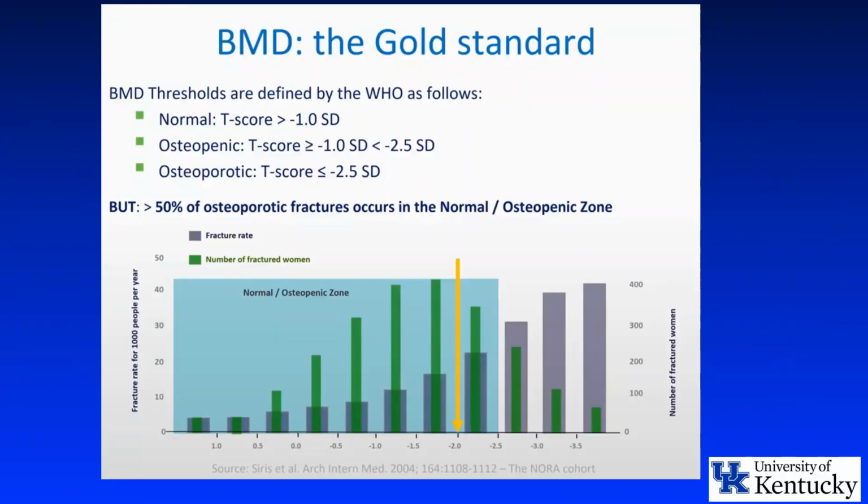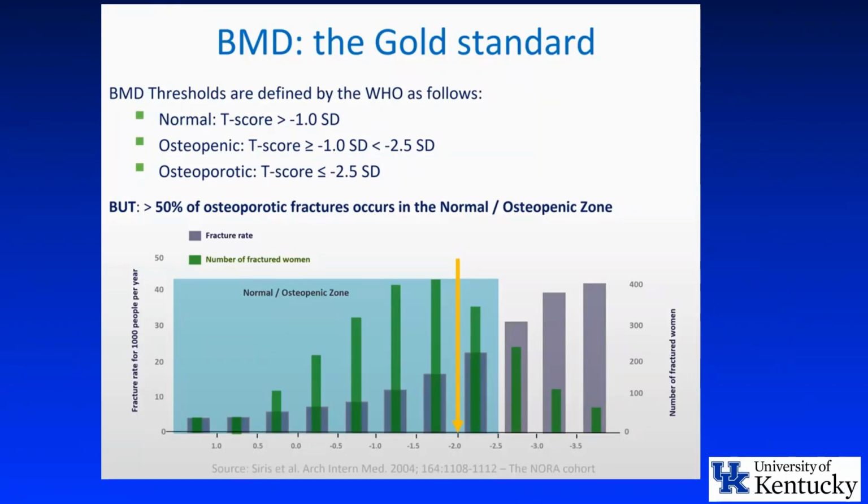The problem with BMD measurements, and of course all of us know this, is that normal BMD is up to -1, then -1 to -2.5 is osteopenia, and less than -2.5 is osteoporosis. The problem is that the majority of fractures actually happen in patients with normal or osteopenic BMD scores.